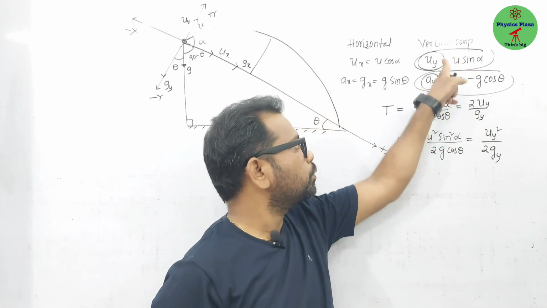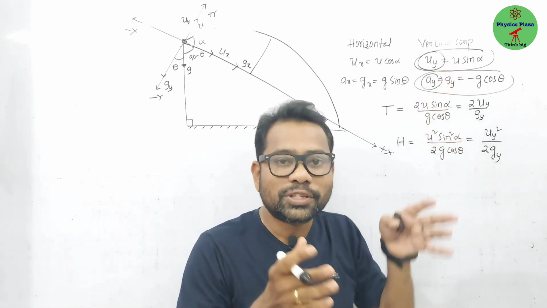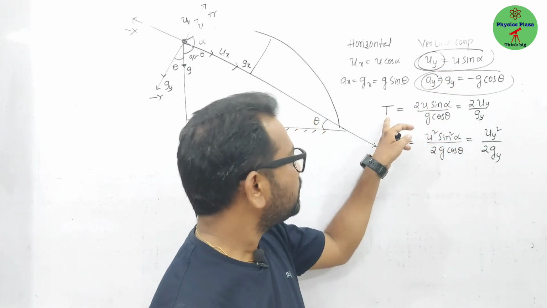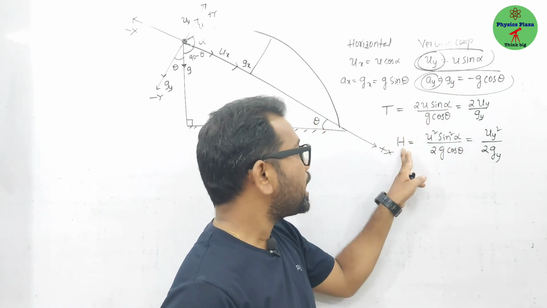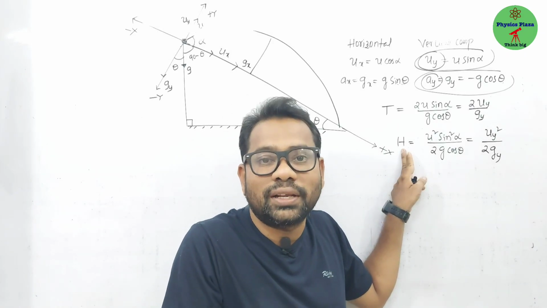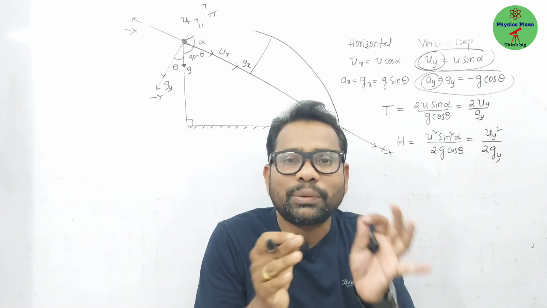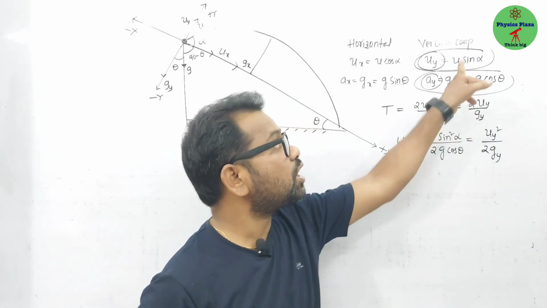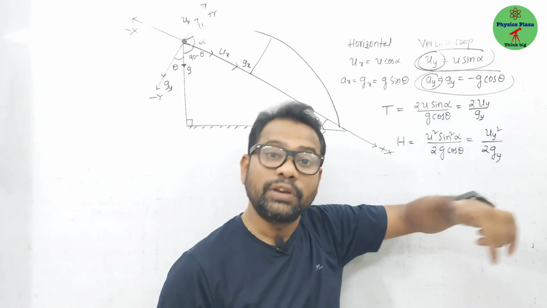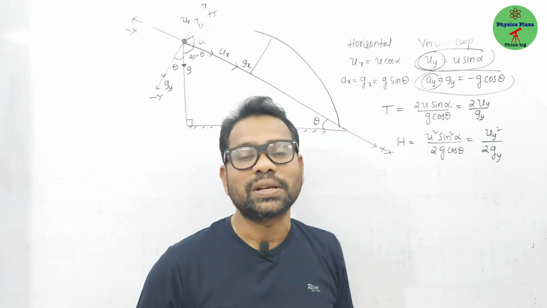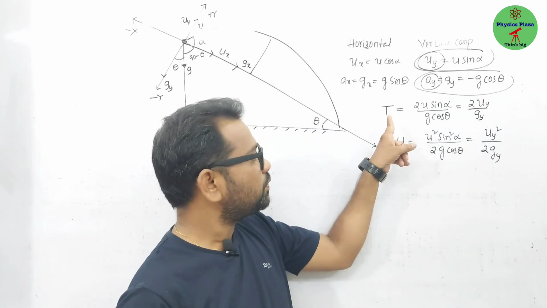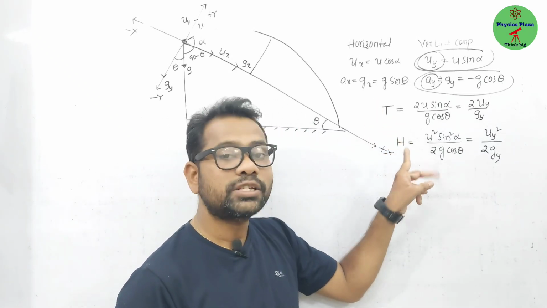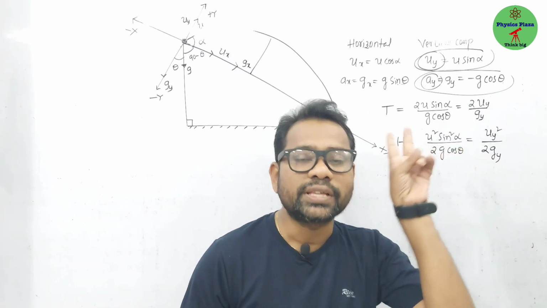As these two parameters remain constant, the time of flight as well as the maximum height attained by the projectile remain constant in this case and the previous case. That's why the time of flight and the maximum height reached are the same in both cases.